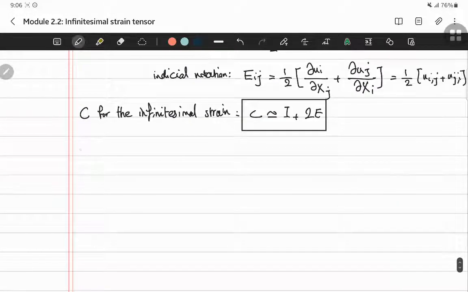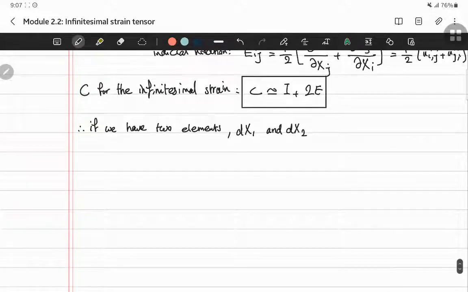Therefore, if we have two elements, dx1 and dx2, and they deform, then in the deformed configuration, it's better to use the superscripts.